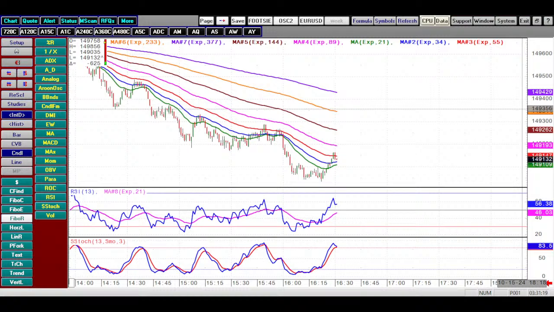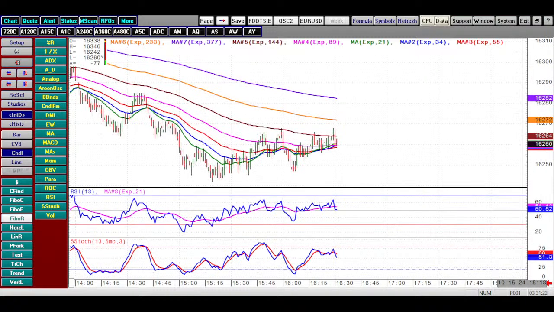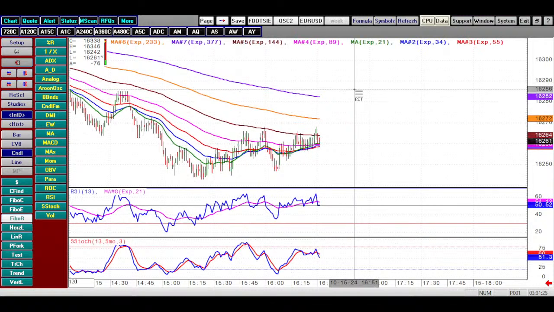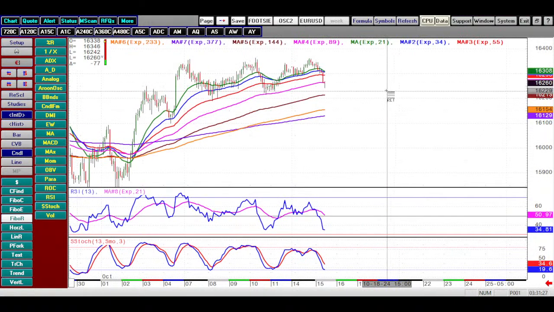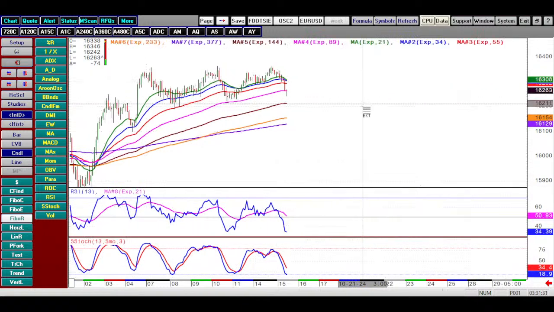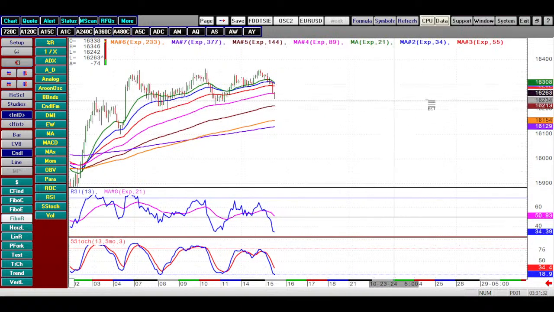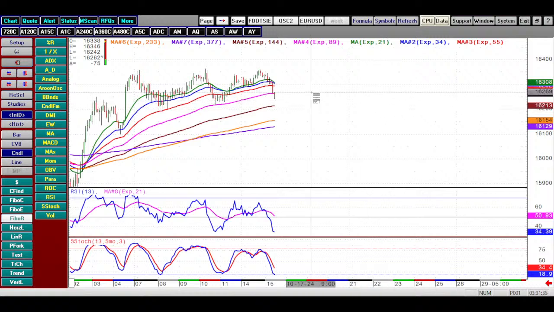Okay, let's see. We look at euro yen. Okay, I think it's approaching the support. So most likely, I think we can expect this market to reverse soon or turn up soon.